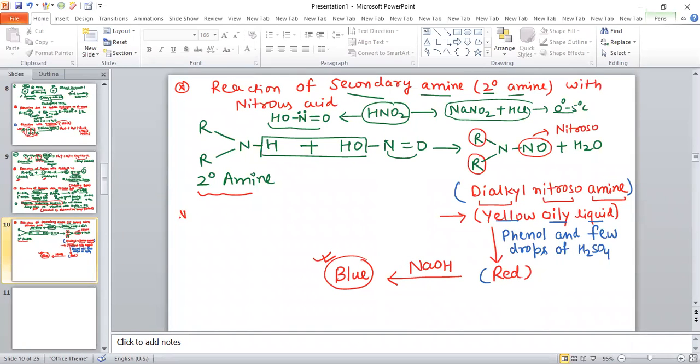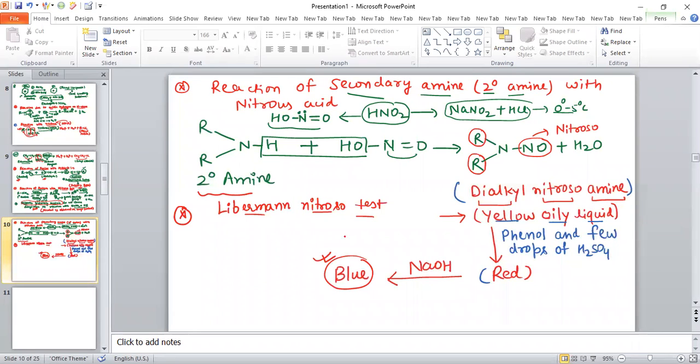If you people know, this test we have already discussed in the phenol topic. What is the name of this test? The name of this test is Liebermann nitroso test.